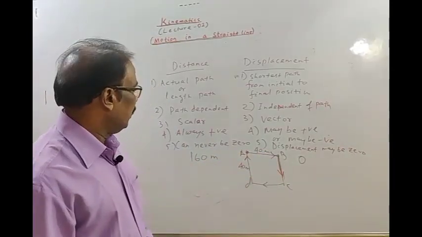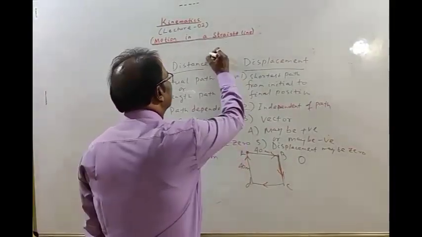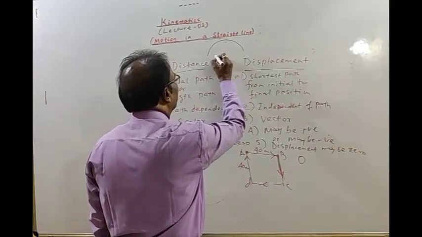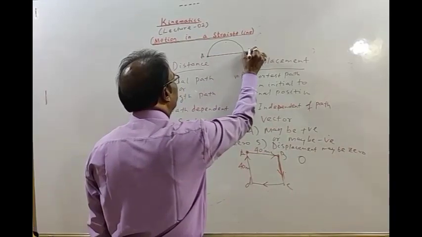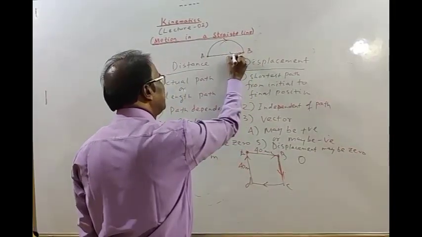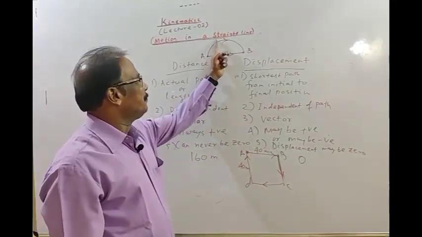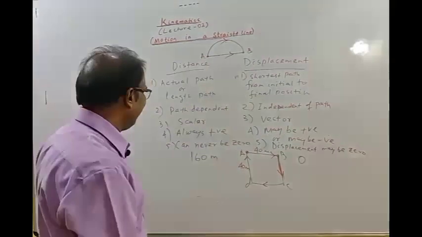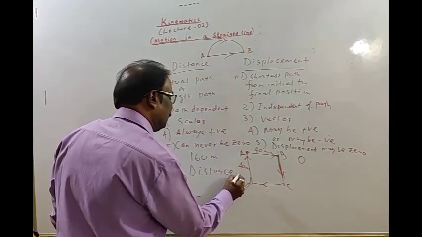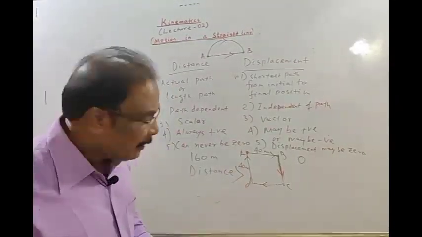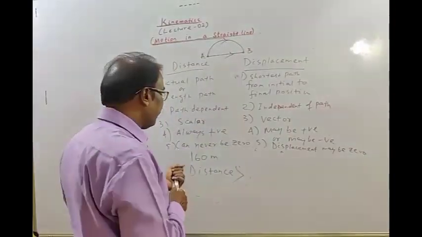Okay. So for a curved path, let's consider another example. Suppose a body moves along a curved path from A to B. This is the actual path. But displacement is the straight line from A to B. So if a body moves along a curved path, then distance is more than the magnitude of displacement.